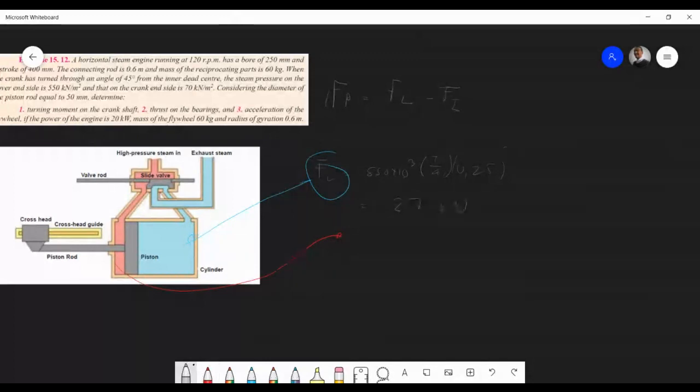And then on the blue side the area is not the same, so I'm going to call this FL1, and this is FL2. It's going to be 70, and obviously now it makes sense. This is what I was thinking about the whole time. So we can say pi over 4, the diameter is 0.25 squared minus 0.05 squared.